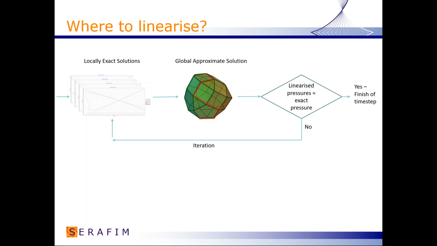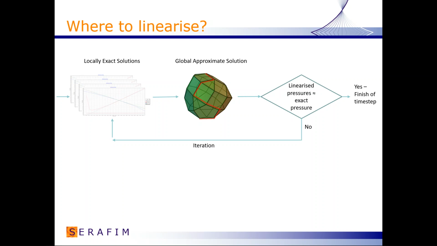And that intersection point is the point at which it linearizes the relationship between bottom hole pressure, tubing head pressure, and fluid flow rates. And that's put into the global solver, which then calculates the effects on tubing head pressure of all the back pressures from this well and from the flow from this well and from other wells.